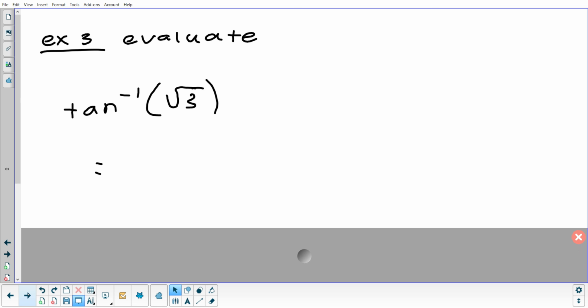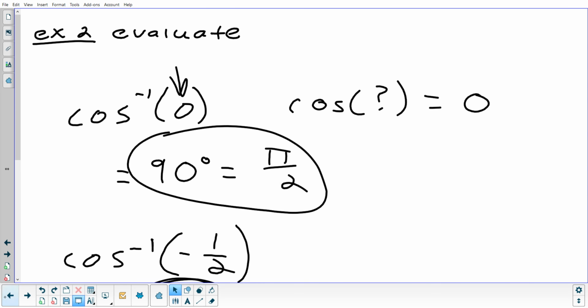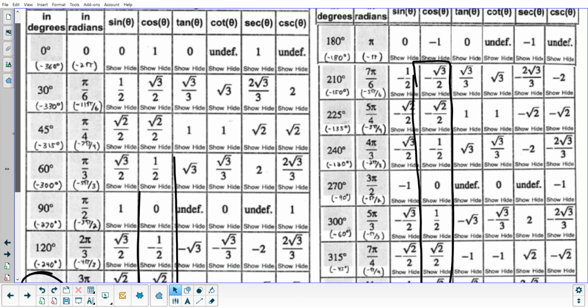All right, so let's try inverse tangent square root 3. First of all, Mia, is square root of 3 a number that comes up in the chart? Let's take a look. What do you think?